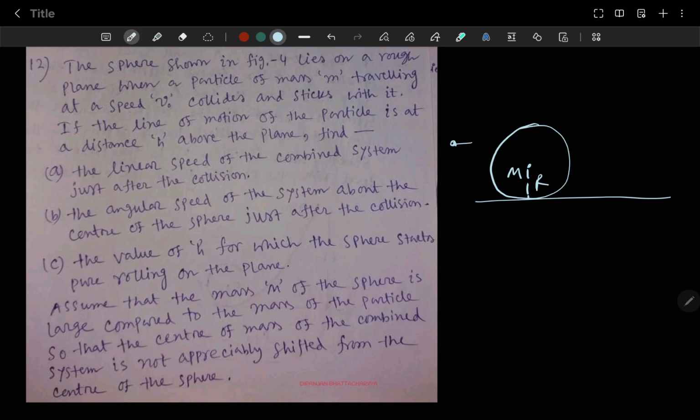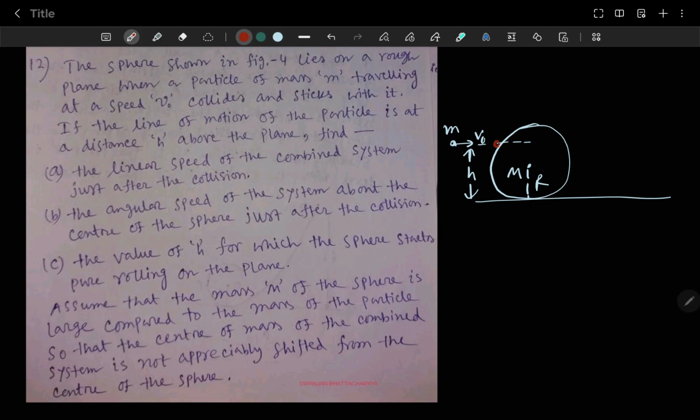Now a particle of mass small m is hitting it with velocity v0 at a height h above the plane. So it hits and sticks to it.